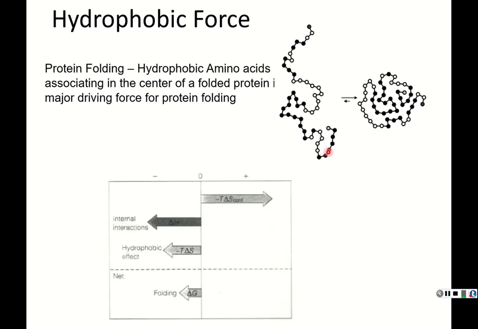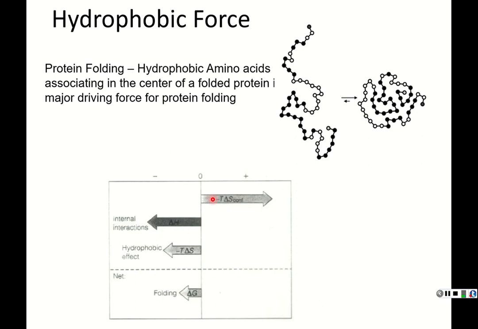So again, if we look at the thermodynamics of this, you have interactions between the side chains of the amino acids. When this folds, there are positive interactions between them, things like hydrogen bonding between polar amino acids.